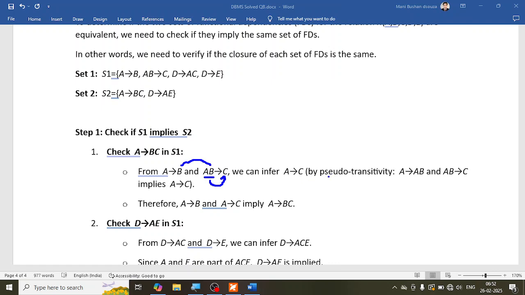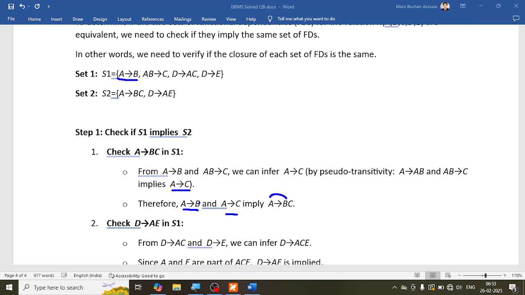This is called pseudo-transitivity. Using pseudo-transitivity, I can derive and say that A can derive C. Now, what is so great about it? A can derive B, and we have proved that A can also derive C. Then we can very well say that A can derive BC.